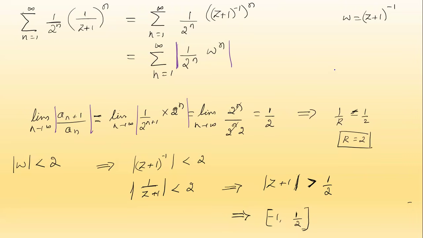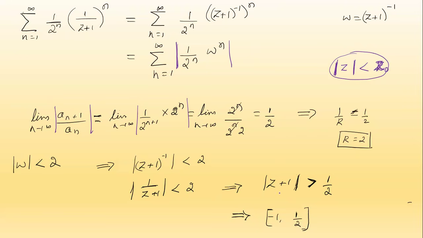The series is convergent in what condition? If modulus of z is less than z naught, which is r, in this condition the series is absolutely convergent.